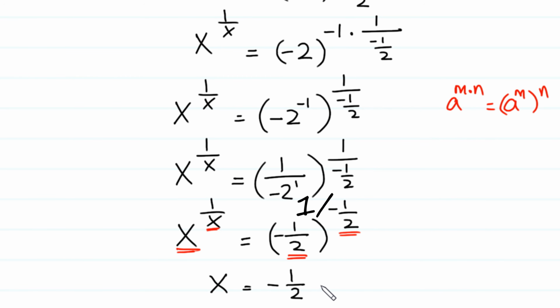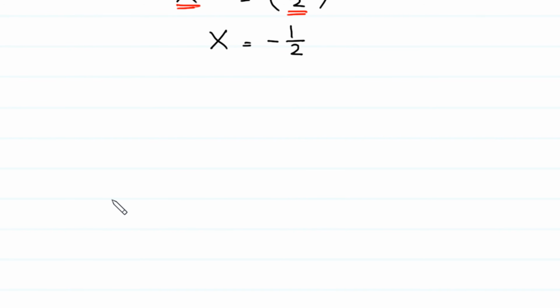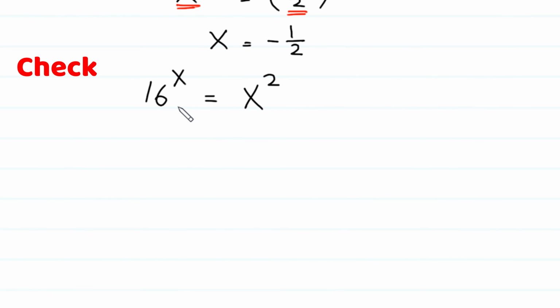Now to verify whether this value of x is correct or not, we put this value in the original equation. The original equation is 16 to the power x is equal to x to the power 2. In this equation we put this value of x, negative 1 over 2. 16 to the power negative 1 over 2 is equal to negative 1 over 2 whole to the power 2.